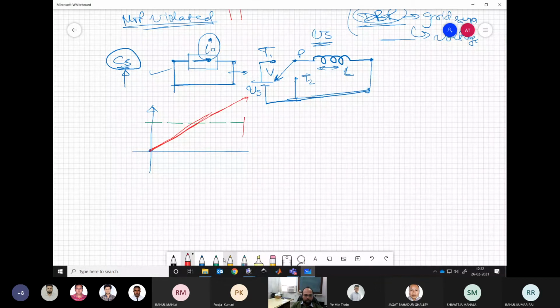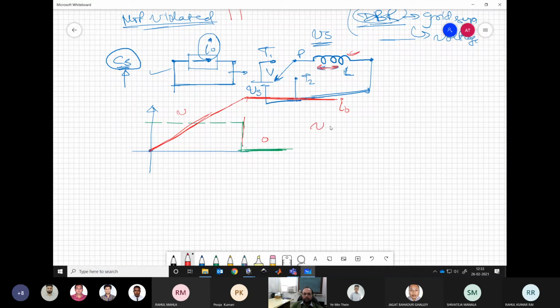After this, I disconnect T1 and connect it back to T2. Now my applied voltage is 0, and so there is no way in which the current can change. It will maintain this value I naught, or whatever it has reached. This is how the current will be maintained in this inductor.